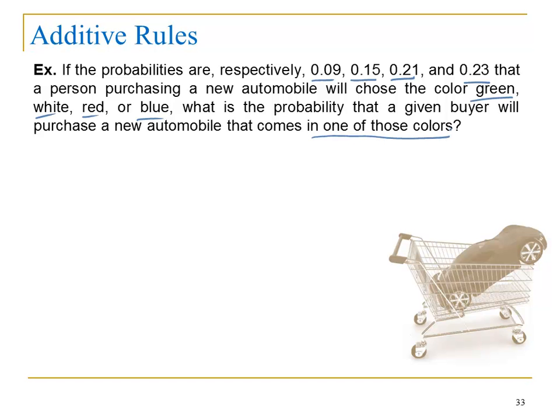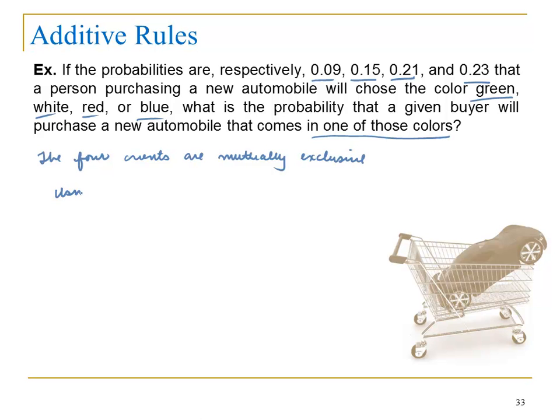So this is an and or an or. Basically what I'm trying to find out is, are you trying to find the probability of the union of these events? So the 4 events are mutually exclusive.